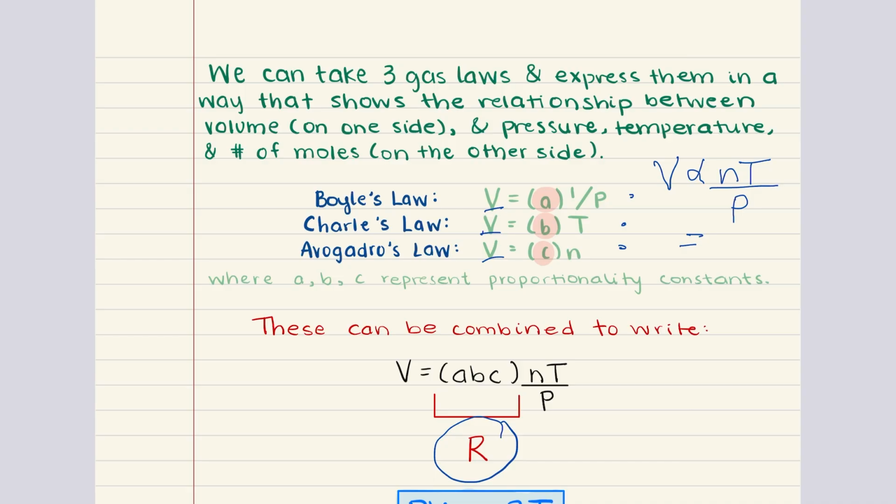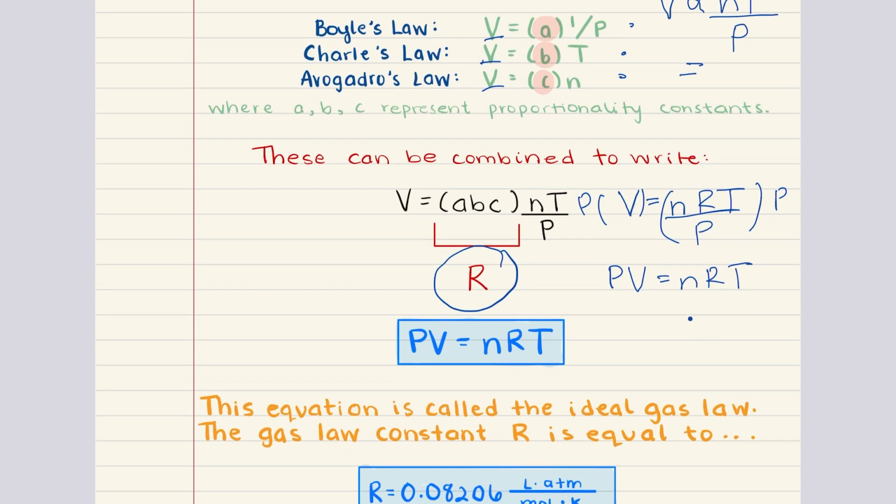And with this, we get that volume is equal to nRT divided by P. And if we go ahead and multiply both sides by P, we get that PV is equal to nRT. And this is the ideal gas law. It allows us to calculate any of the four variables as long as we know the other three.